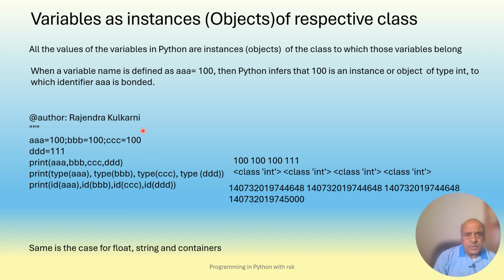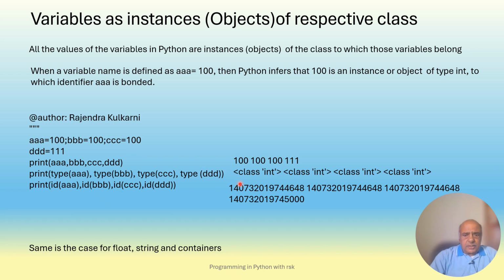100 is the object to which we are just defining the names. Since all these 3 variables have been defined as 100, the compiler will create only one object 100 and it will bind the names AAA, BBB and CCC to this object 100.